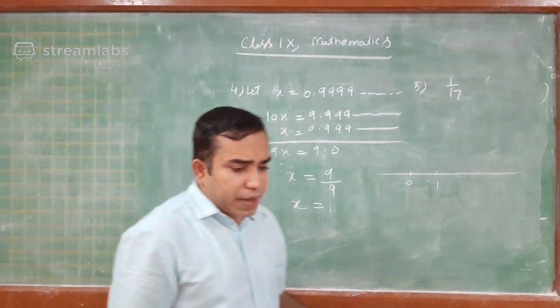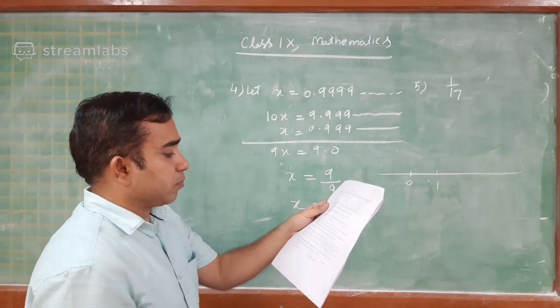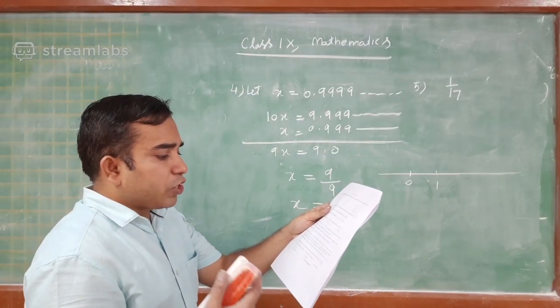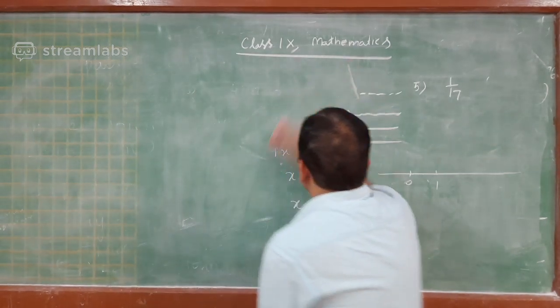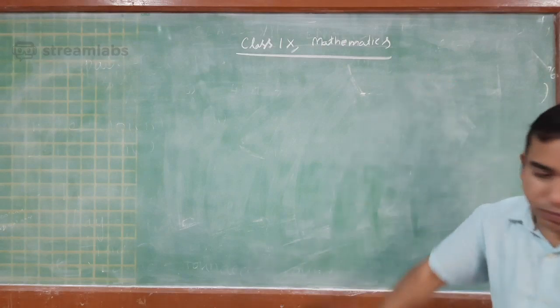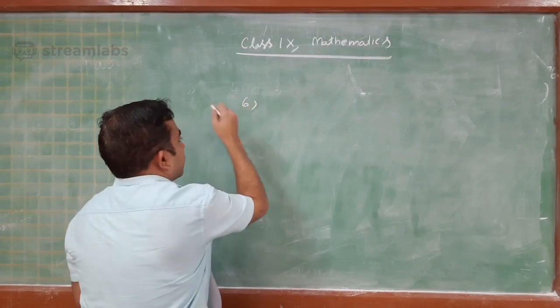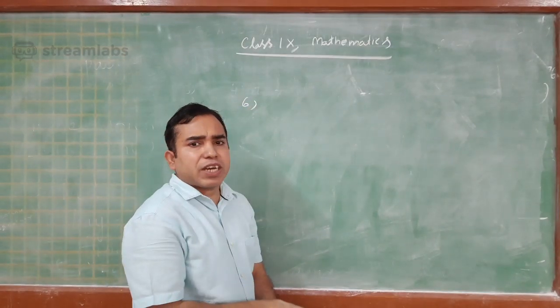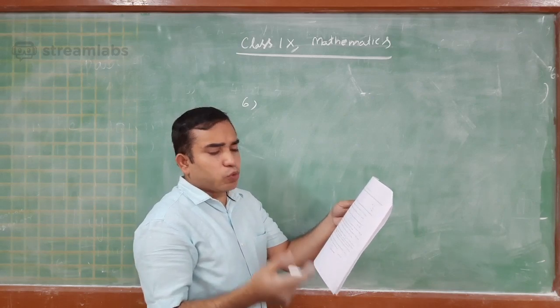This is a quite interesting question. So let us see this question. They're saying all those numbers which have terminating decimal expansion, what property must Q satisfy?